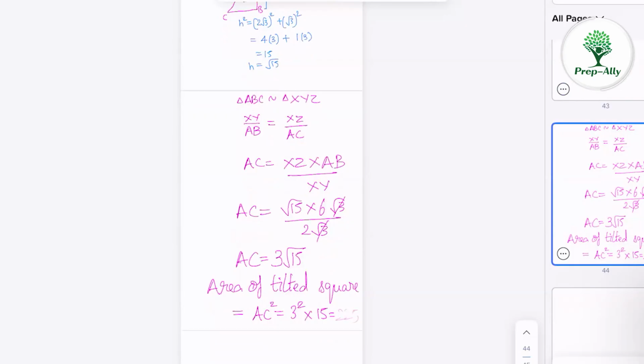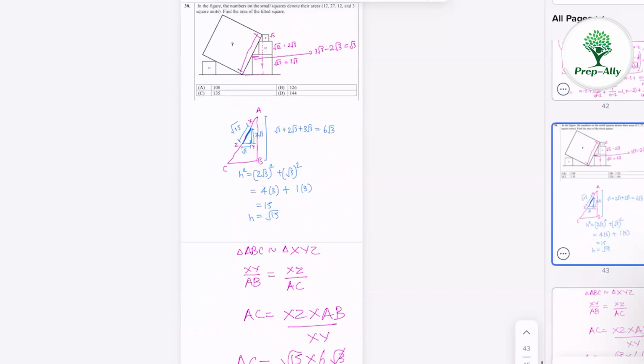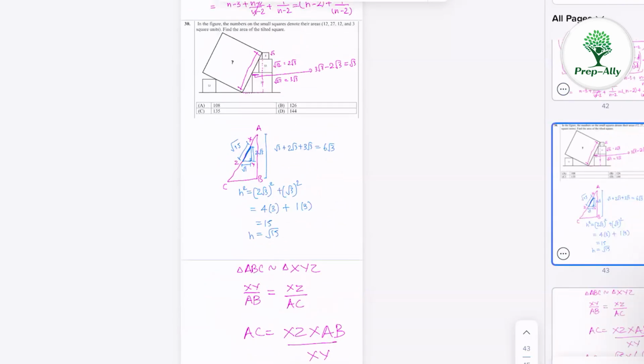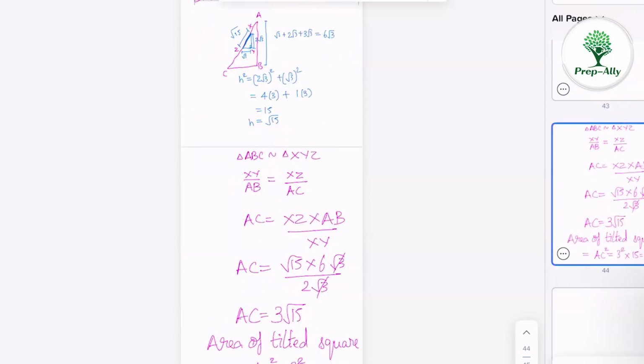So 3 square into 15 is 135. So the answer to this question is option C, 135.